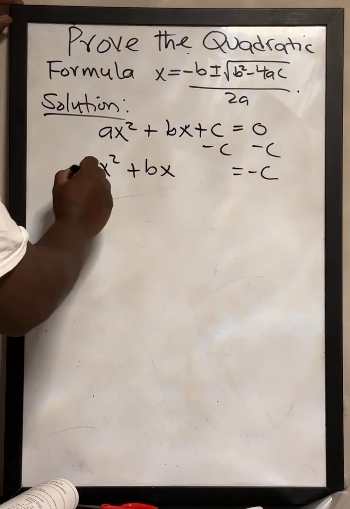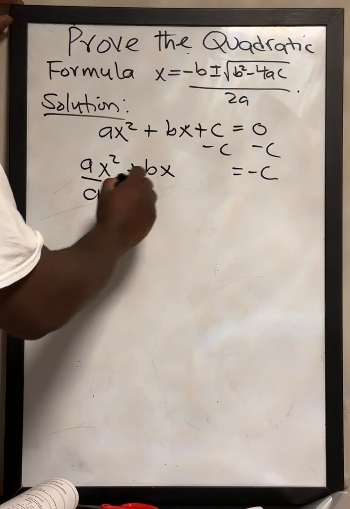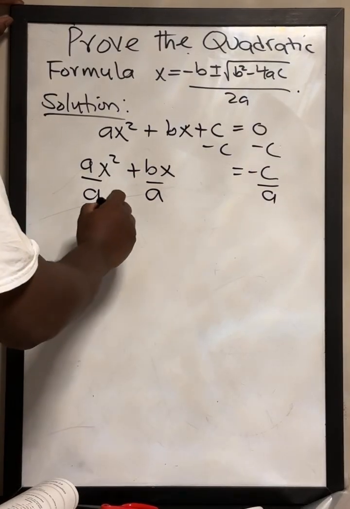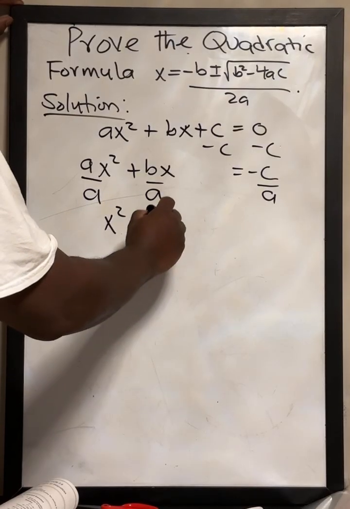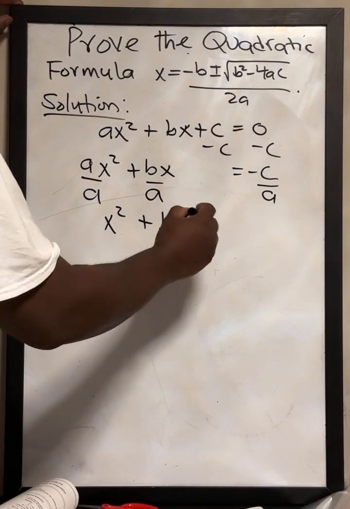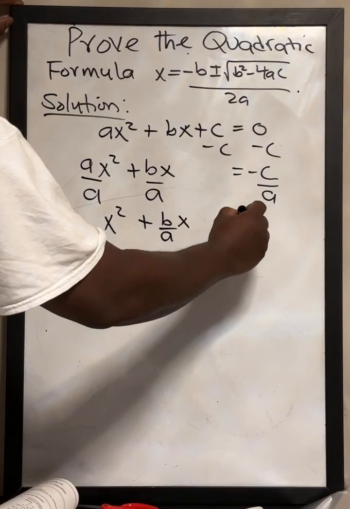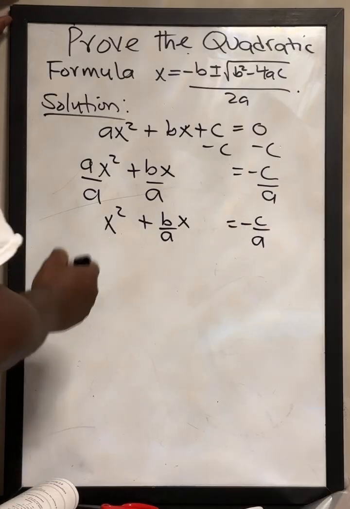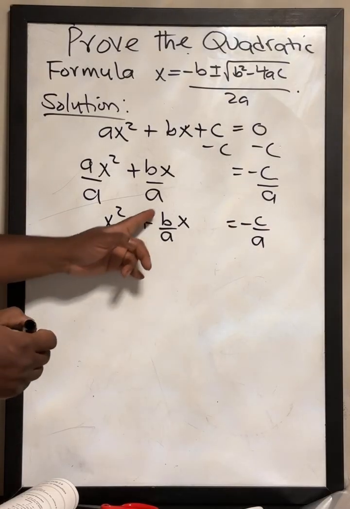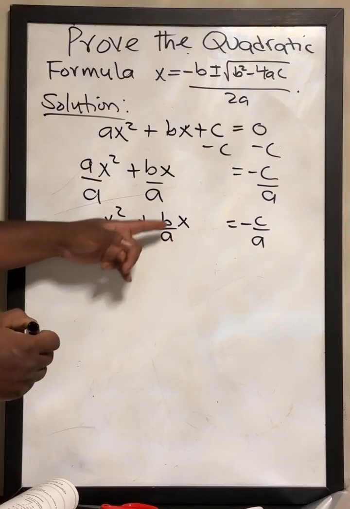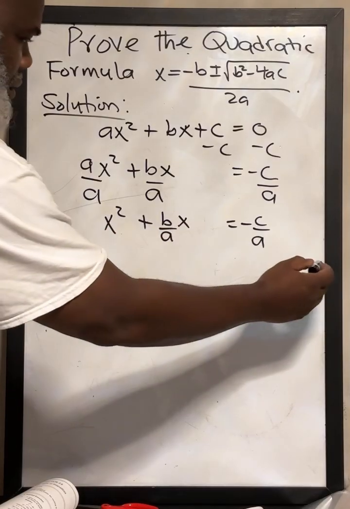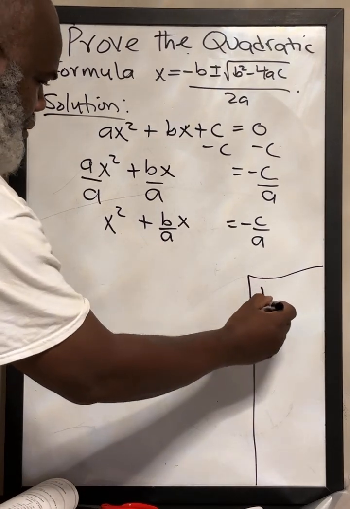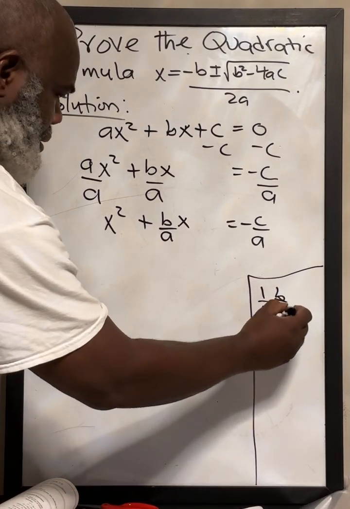Divide both sides by a. So we have x squared plus b over a x is equal to negative c over a. So we take half of this here, b over a, one half of this, and square it.